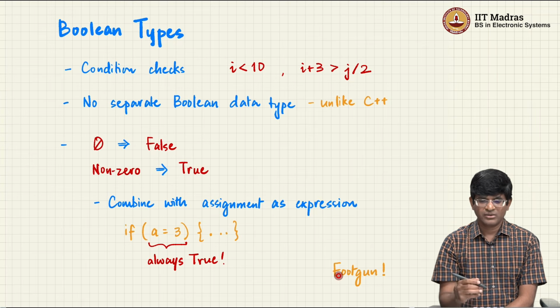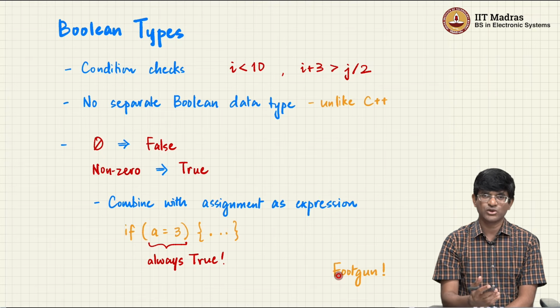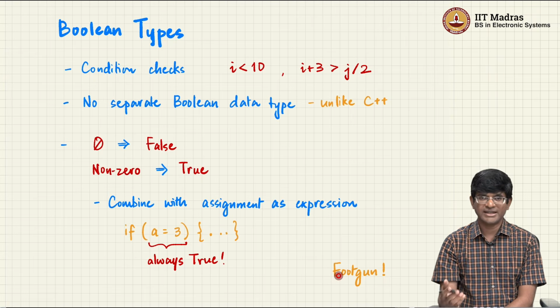Once again, the general principle is that C allows you to write a lot of really confusing code. It also allows you to write elegant and easy to understand code. Now it's up to you. Always prefer, as far as possible, to write simpler and more understandable code.